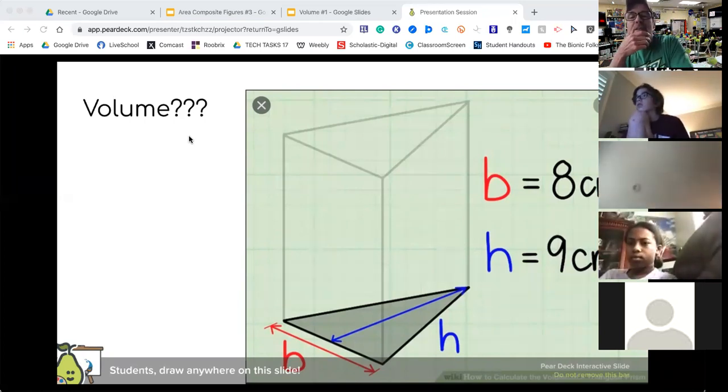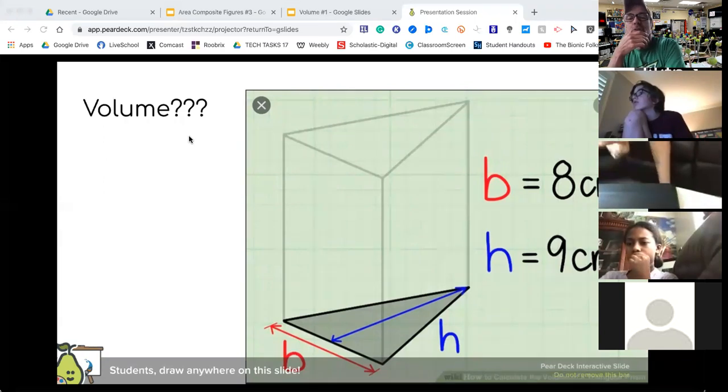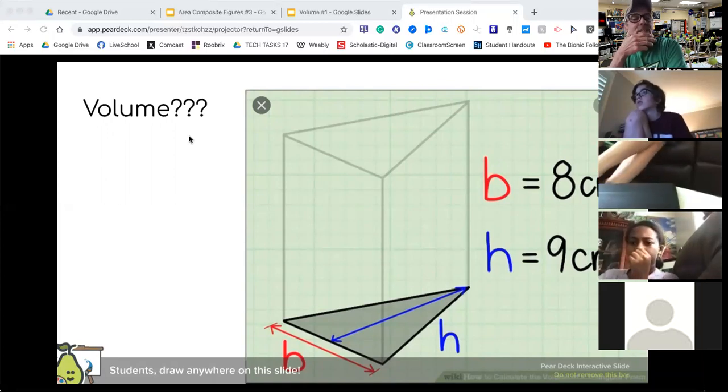Something's missing about the volume. If you can draw on the slide and fix the problem, it's not complete. How would I get the volume of that container? Draw on your screen and tell me what I would do to get the actual volume.